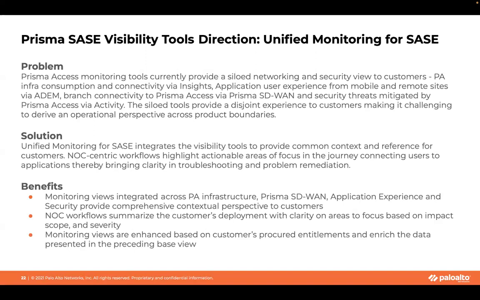You will also be able to see the application experience score for your user through ADEM in that page. By clicking on the user, you will be able to go to an experience tab, which would be your familiar ADEM information, but you will also be able to see the details that you see today in your user details page for connectivity, which is from Insights.